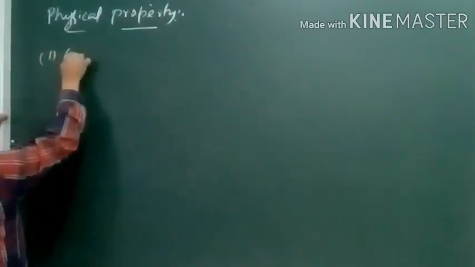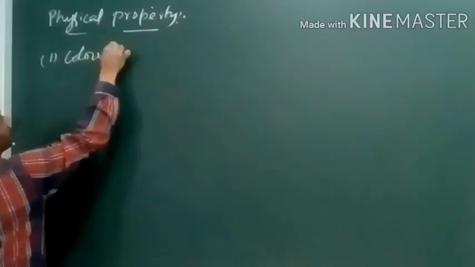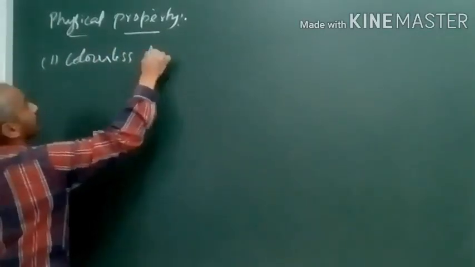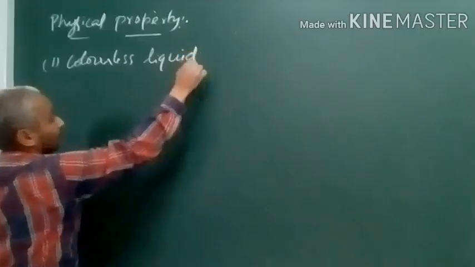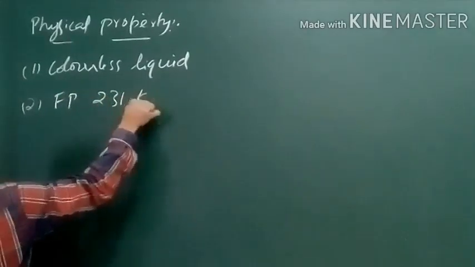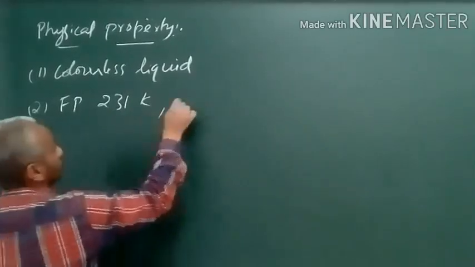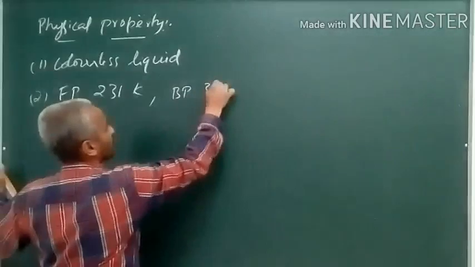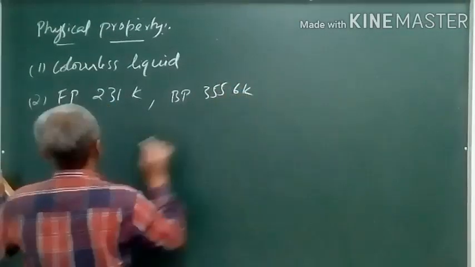These are the properties. First, it is a colorless liquid. Freezing point is 231 Kelvin. Boiling point is 355.6 Kelvin.